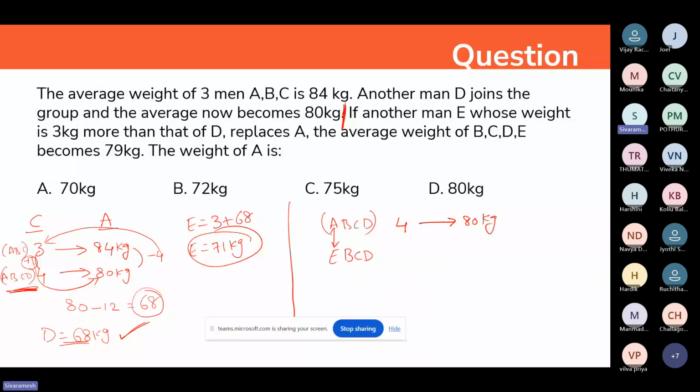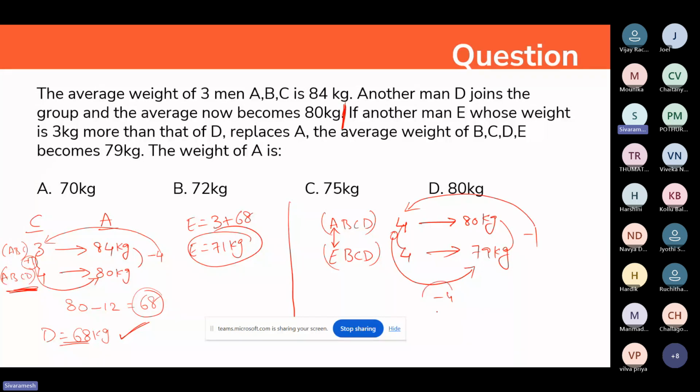A is the old person, E is the new person. Remaining three people are common. In replacement problems count will not change, but here the average changed. Average is 79, as mentioned in the question. This side difference is 0, this side difference is -1. 0 multiplied with anything is 0, and -1 multiplied with 4 is -4.